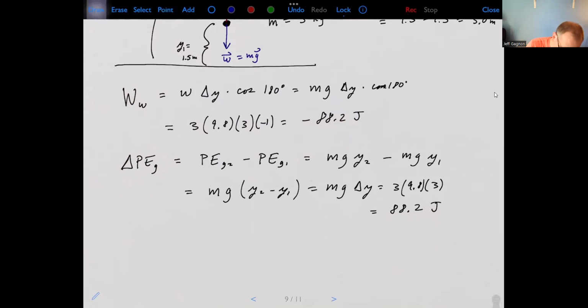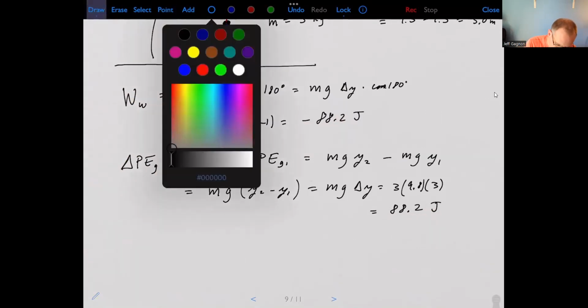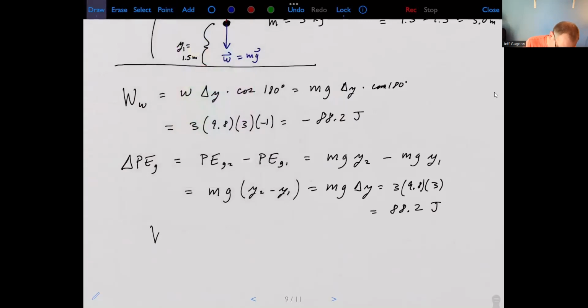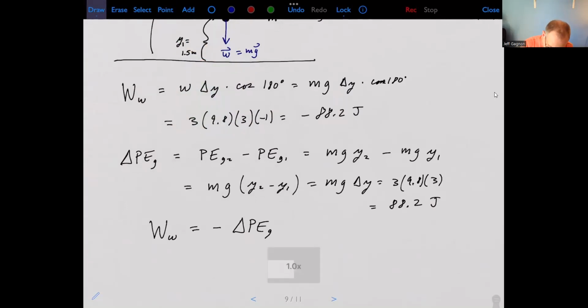So in this case, and this is the key point that I'm trying to make here, the work done by the weight, by the gravitational force, is equal to negative the change in gravitational potential energy.